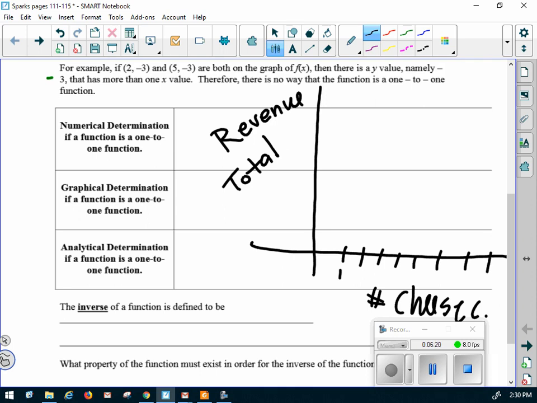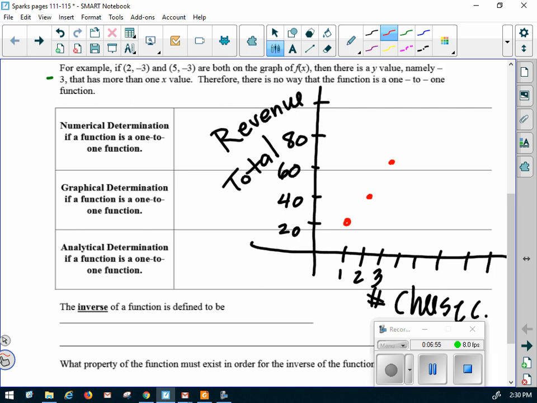Say that each of these represents 1. And how much are your cheesecakes? $20? That's better than Cheesecake Factory, I suppose. I love Cheesecake Factory, but their cheesecakes are really expensive. Let's just pretend we're going that way, okay? So 1 cheesecake, $20. 2 cheesecakes, your total revenue is $40, and like that, right?